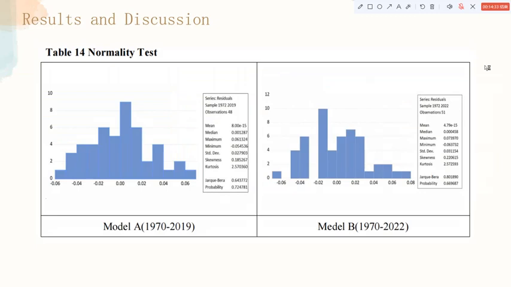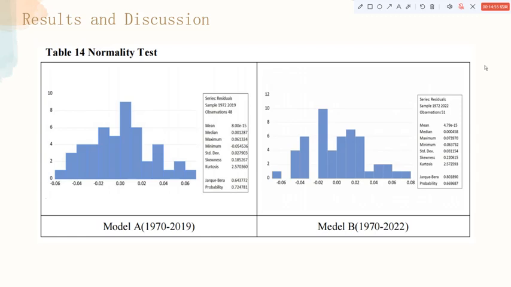Also, the residual distribution is mainly used to evaluate the fitting effect of the model. According to the residual normality test results of models A and B, the mean values of the two models are close to zero, indicating that there is no systematic deviation.